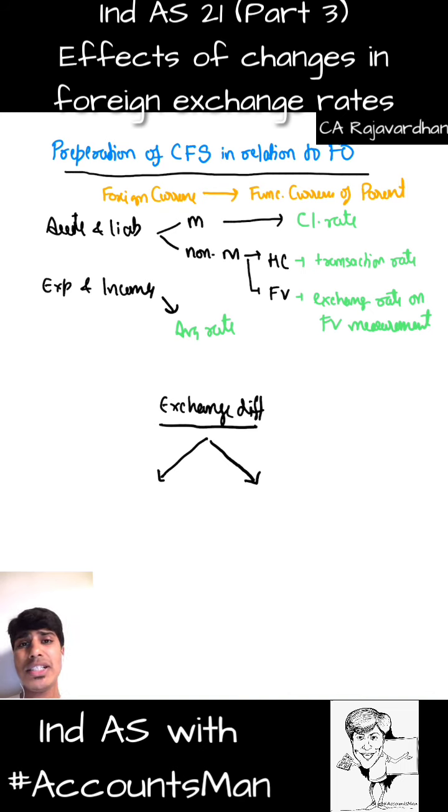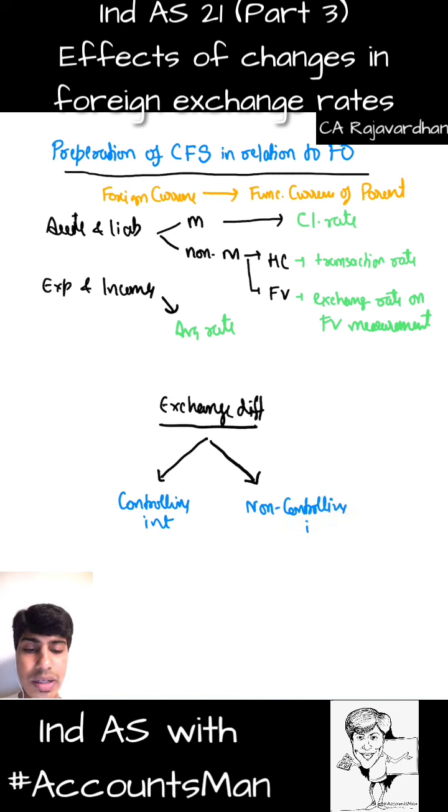If I hold 100% of my foreign operation, then well and good. If I don't hold 100%, if I hold some 70% and 30% is held by someone else, minority or non-controlling interest, then part of the exchange difference belongs to them as well. So I need to segregate this exchange difference into two components. One is controlling interest, next one is non-controlling interest.